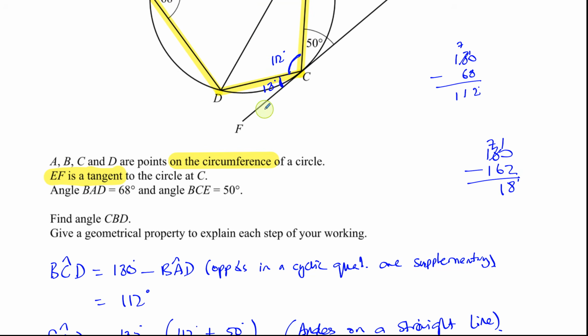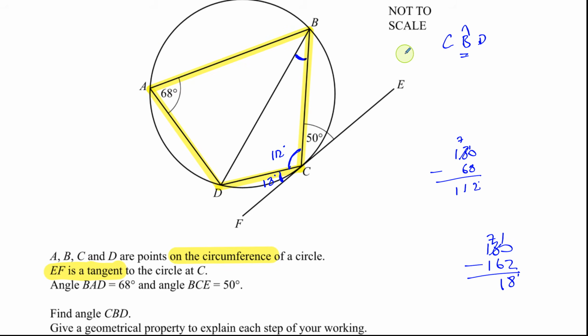And now we're going to use a property called the alternate segment theorem. When you have a tangent that intersects a chord. So we have a tangent intersecting a chord. Okay, so you've got this tangent intersecting this chord. Right?